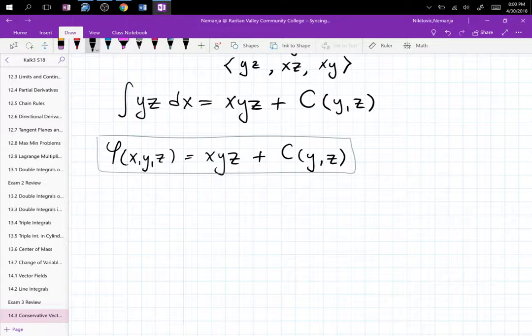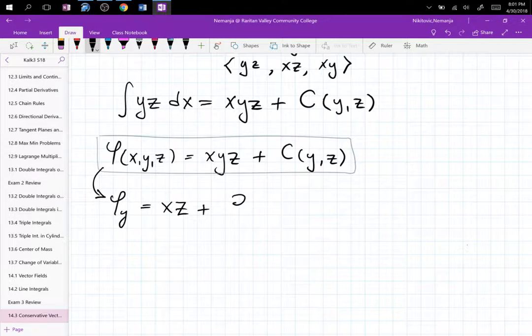You know what has to happen. We are going to differentiate this in terms of the next variable. Let's pick y. So now, the partial derivative with respect to y of the whole thing is going to be what? It's going to be xz, very good, plus, and now here is the new thing, partial c with respect to y. You don't get to write c prime now, because c prime is the single derivative for a single variable.